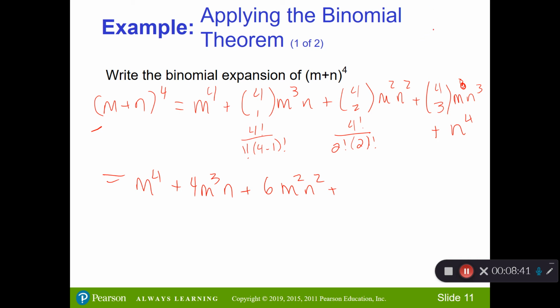And this one is 4 factorial over 3 factorial times 4 minus 3 factorial, and that works out to be a 4. And we get the same thing that we would have gotten using Pascal's triangle.